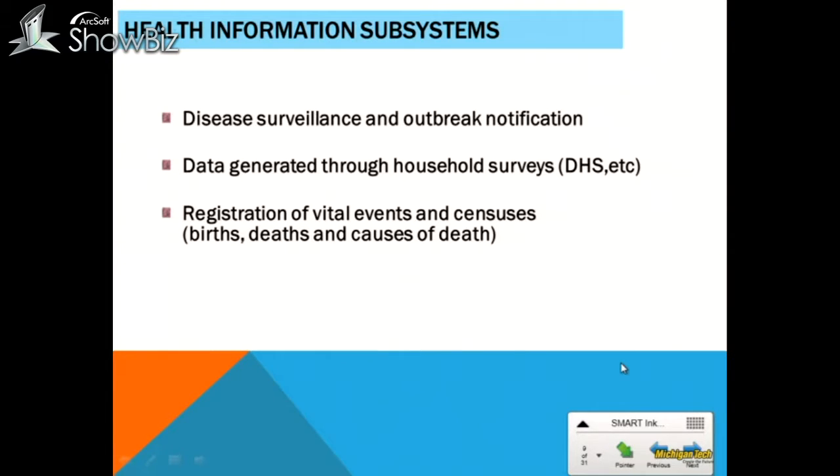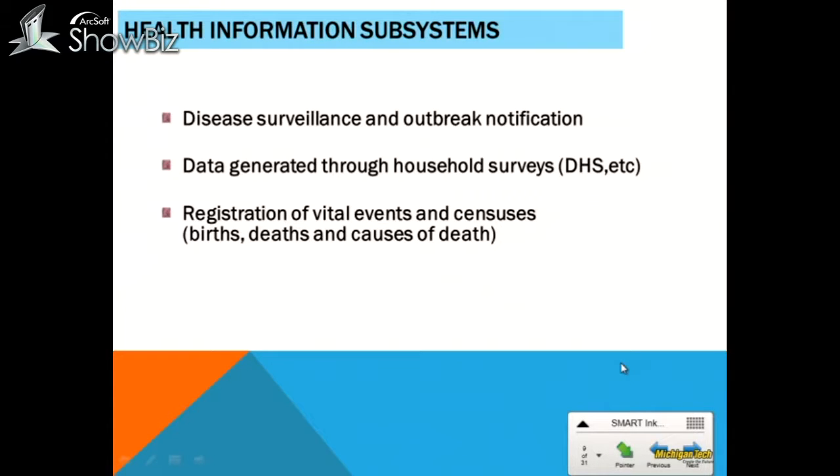So you can use this kind of information system to monitor this outbreak and notify the administrator or the doctor or even some people, if they can also access this kind of health information, to determine to take some steps.